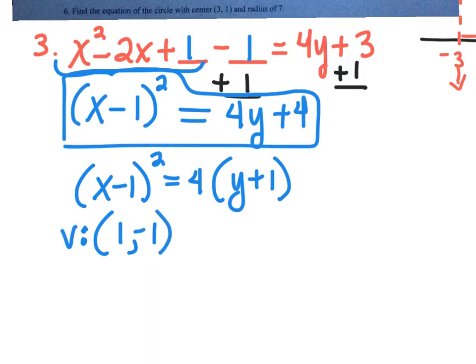What about the p? How much is the p? Well, I know that 4p is that number in front of the parentheses, which is 4. So when you divide by 4, p is 1. So I have (x minus 1) squared. How is this opening? Which direction? When you have x squared, that opens which way?